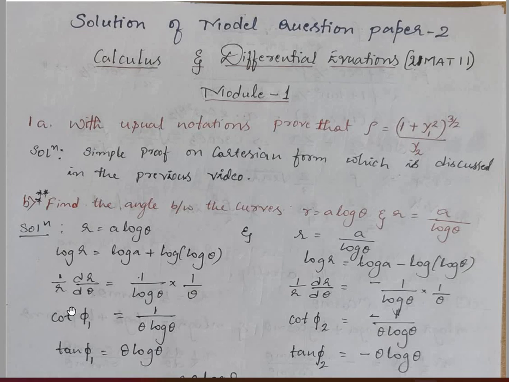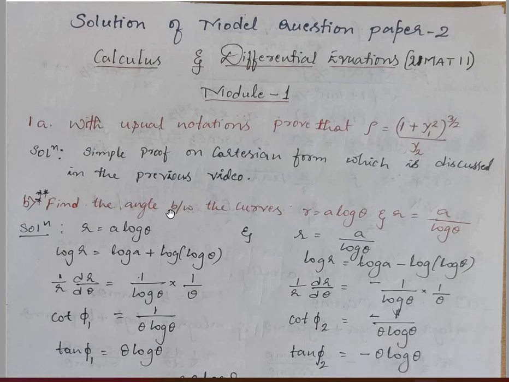So the left hand side is cot phi 1, which equals 1 over theta log theta. For convenience, tan phi 1 equals theta log theta. Similarly, I find tan phi 2 equals minus theta log theta.